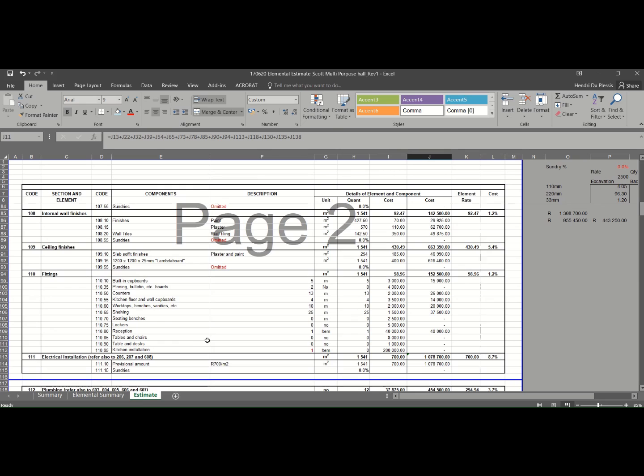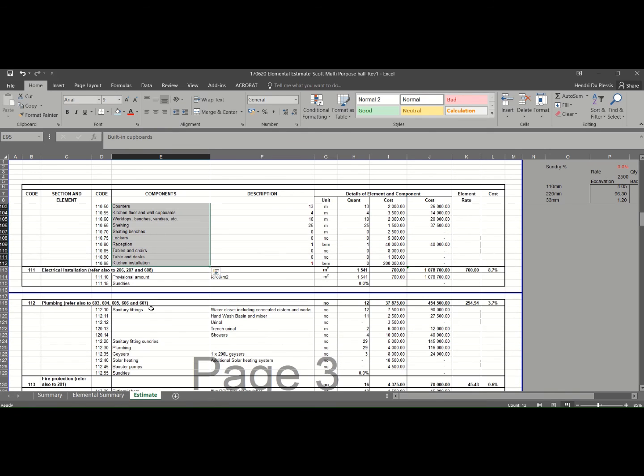I'm more interested in seeing whether you actually putting the right items in your elemental estimate here, and whether you thought of everything and whether you're doing it more or less in the right place, and how your structure of it actually looks. So rather focus on that than the actual rate build-up, and the rate build-up is more or less a guide.